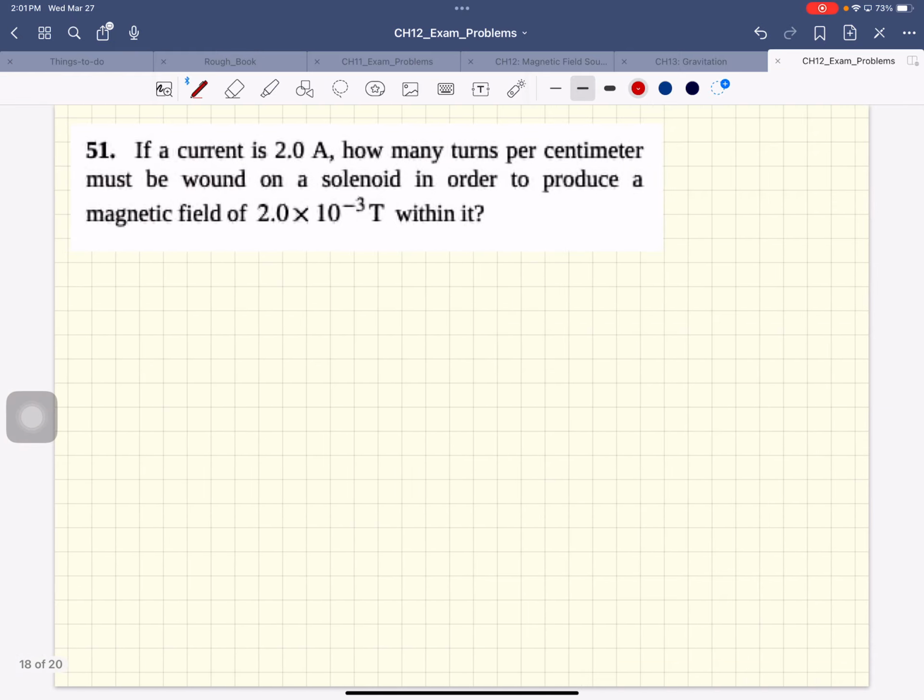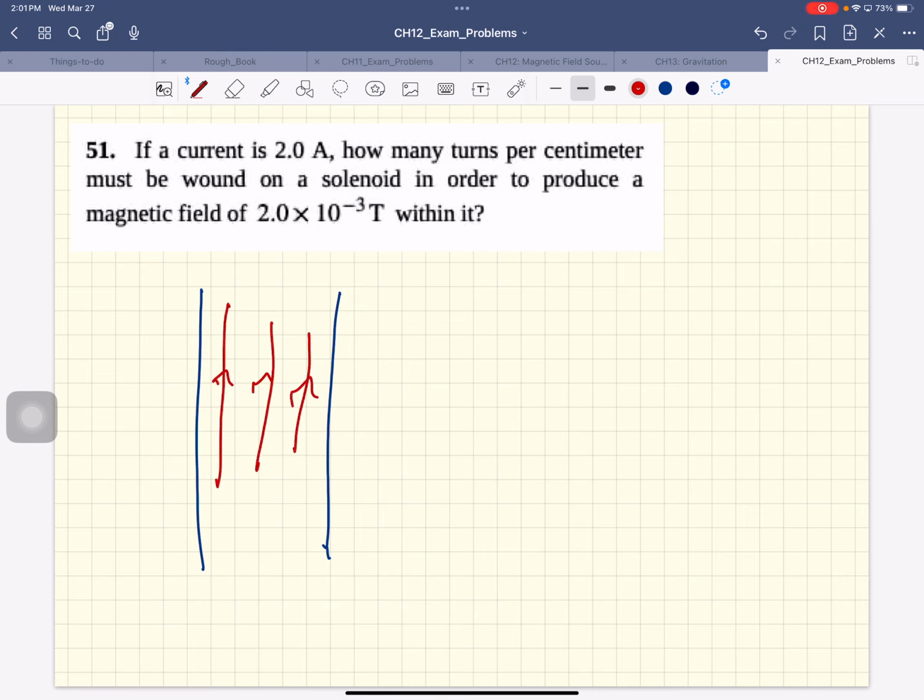All right, so we'll do this one. If a current of 2 amps, how many turns per centimeter must be wound on a solenoid in order to produce a magnetic field of 2 millitesla within it? So this is a straight-up solenoid, and you want to produce a uniform magnetic field inside.